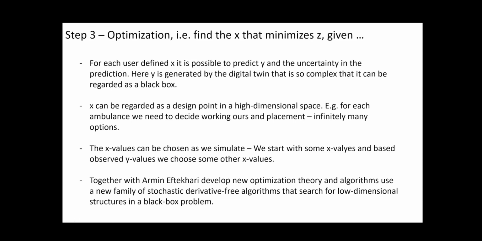And we can do this in an iterative way. And this really helps us to solve the optimization problem. Still, the problem is the dimension is too high, and in addition we have this black box property of the simulation, so the standard optimization theory doesn't work very well.